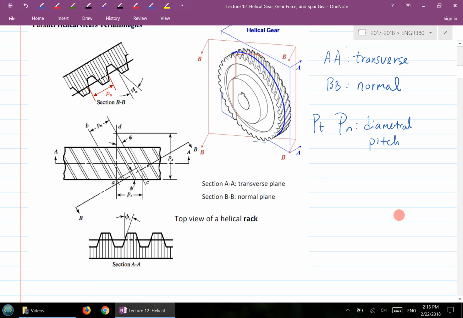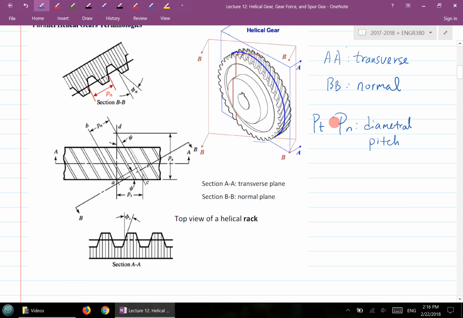In each plane there is a value for the diametral pitch, which is a very fundamental value for the gear. It typically takes 2, 4, 6, 8, then goes up to 12 and then 20, 22.